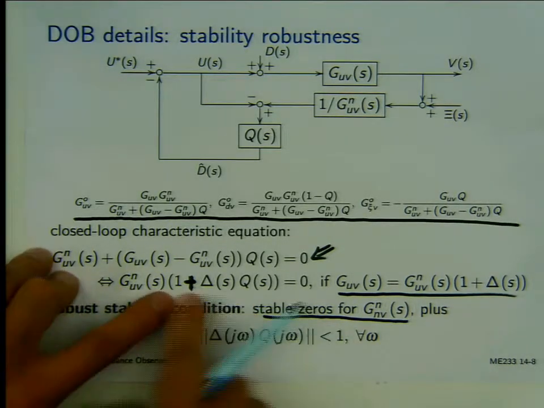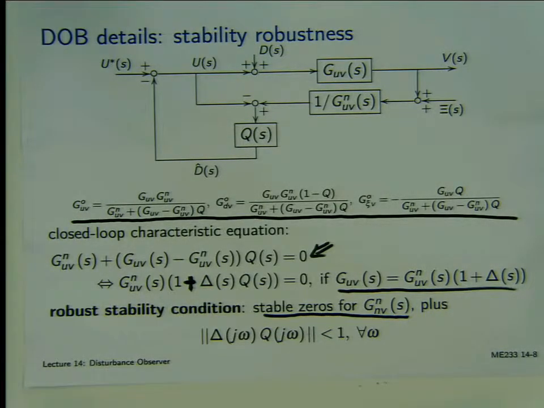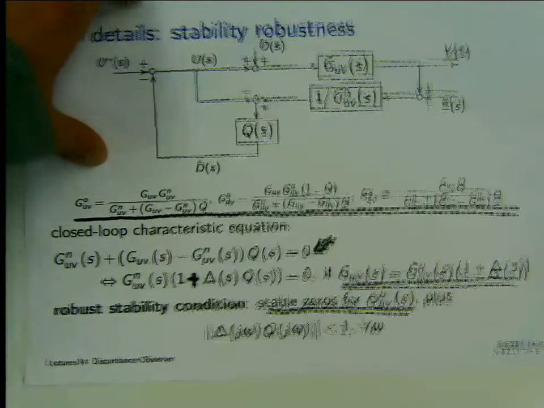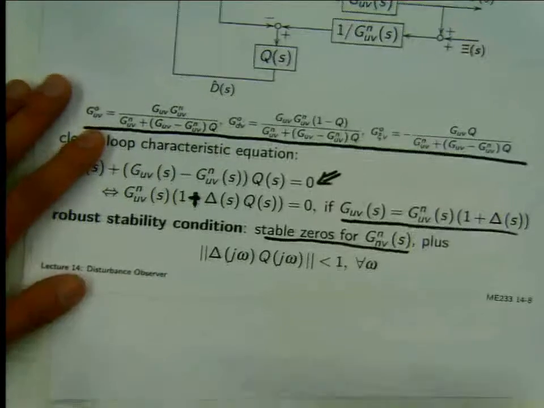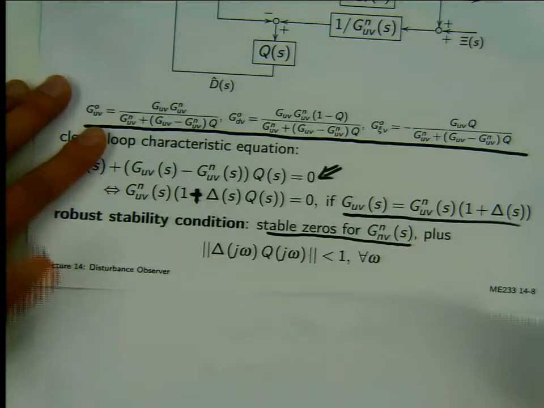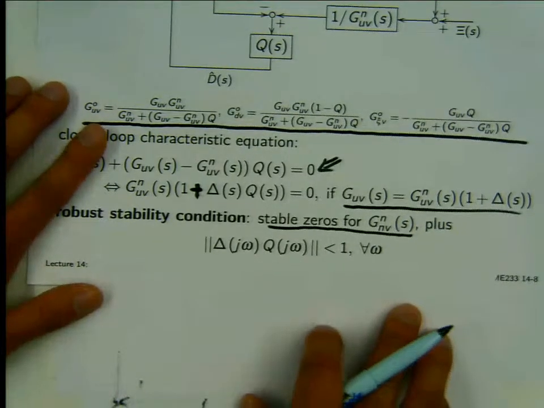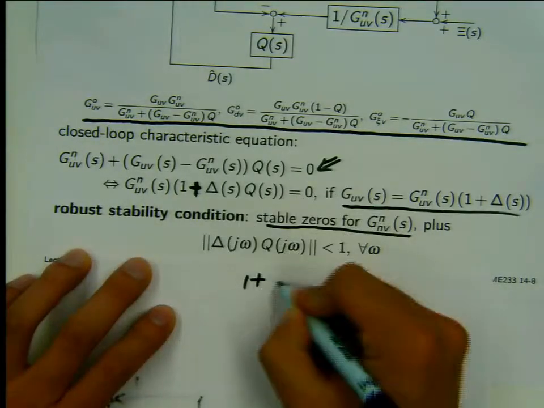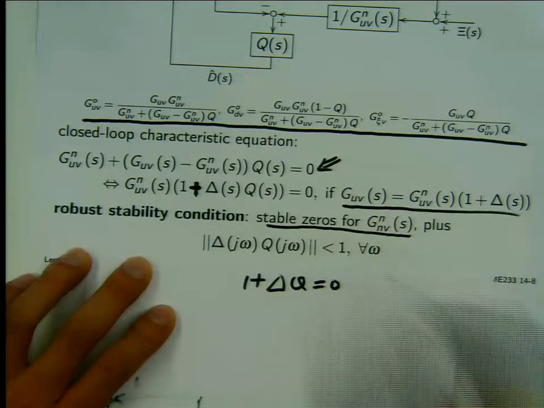Then we need to analyze under what conditions the roots of this guy will be stable. So look at this guy. Focus on 1 plus delta times Q equal to 0.